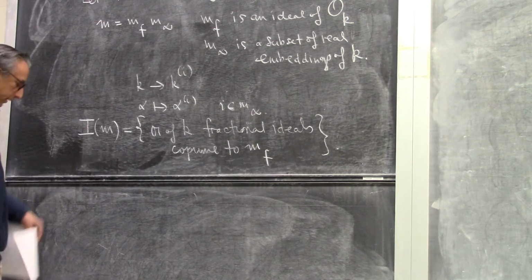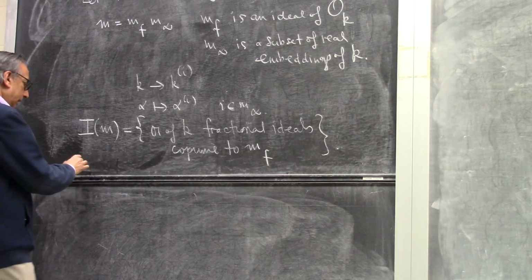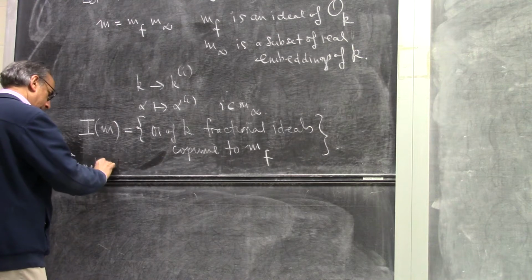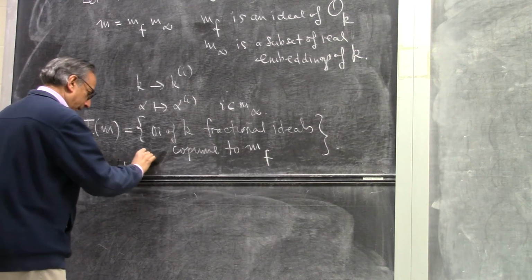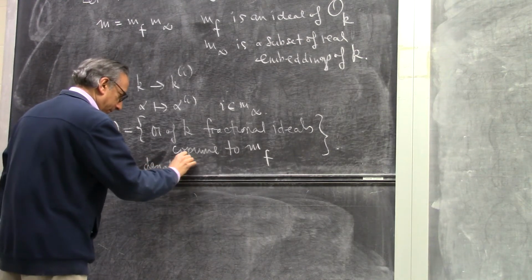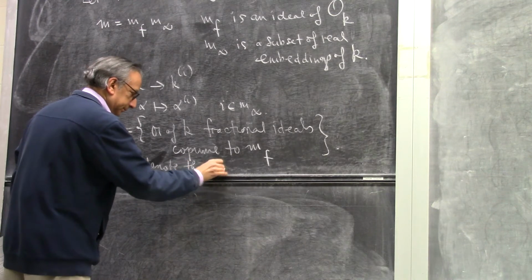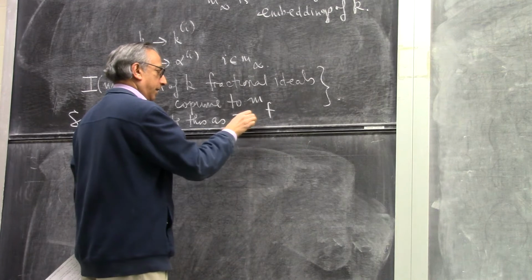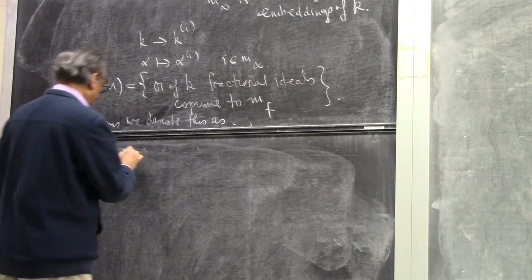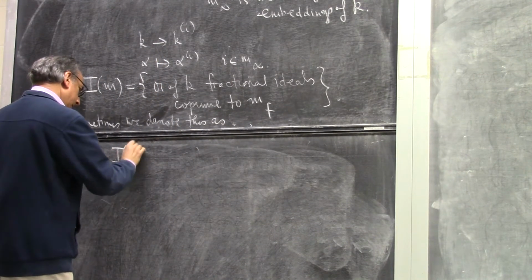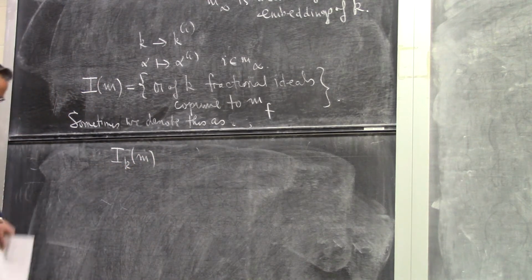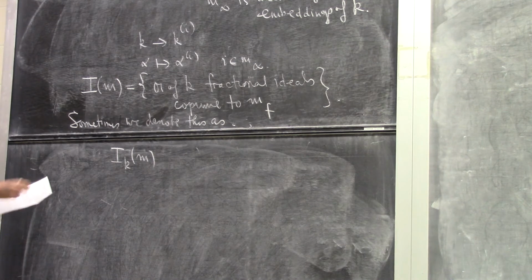So this is a group. Sometimes we denote this by I_K(m), to indicate the dependence on the field K.